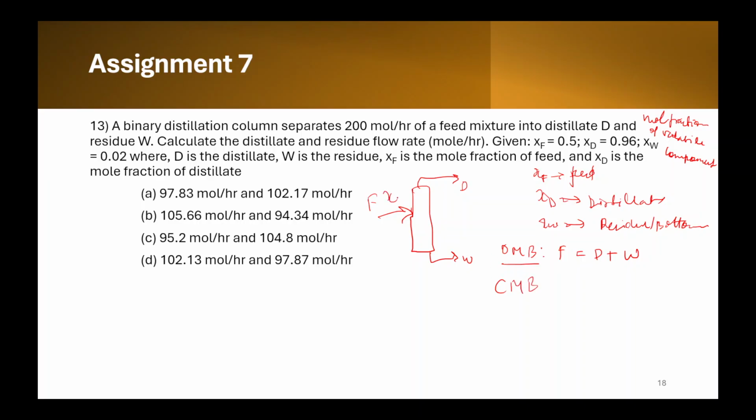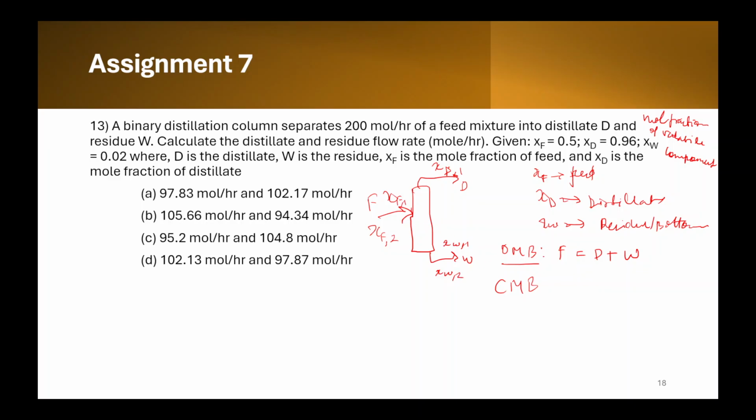And then we go for the component material balance. So this will be F, this will have XF, this will be XD, and this will be XW. This is for the more volatile component. If there is another component, for the XF2, you can write XF1, XD1, XW1, and XW2.